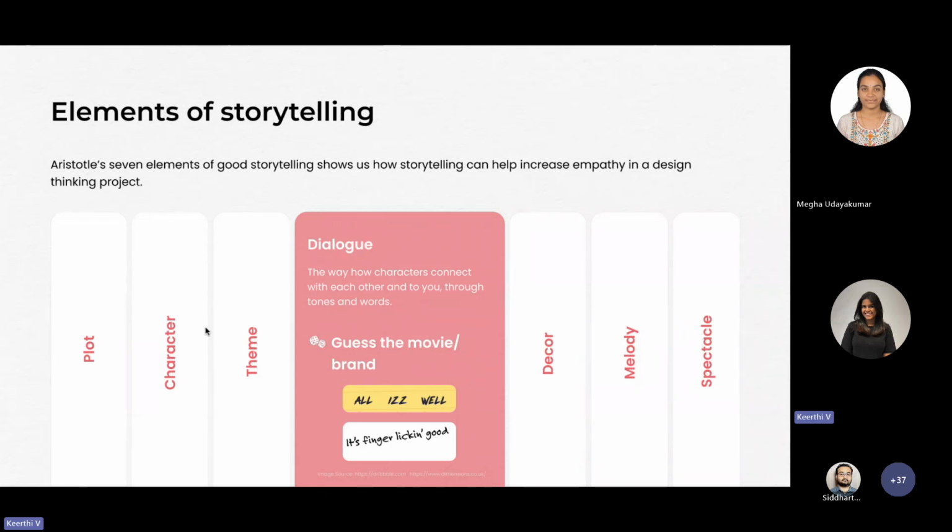Which movie do you remember when you see "All Is Well," and which brand comes to your mind when it says "It's Finger Licking Good." Okay. We have answers. This is a very quick answer we are seeing here. So we have Three Idiots, KFC.